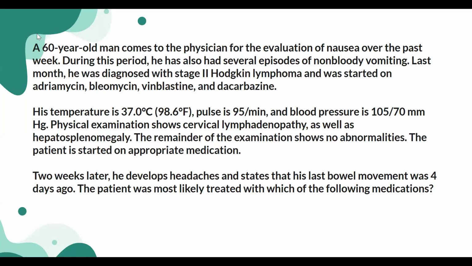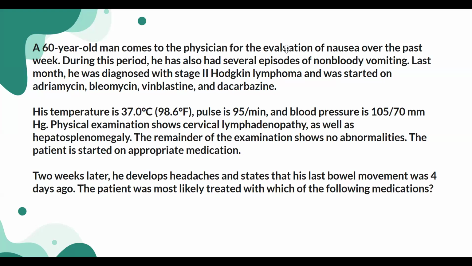So we have a 60-year-old man that comes to the physician for the evaluation of nausea over the past week. During this period, he has also had several episodes of non-bloody vomiting. Last month, he was diagnosed with stage 2 Hodgkin lymphoma and was started on a plethora of chemotherapy drugs. You don't really need to know which ones.